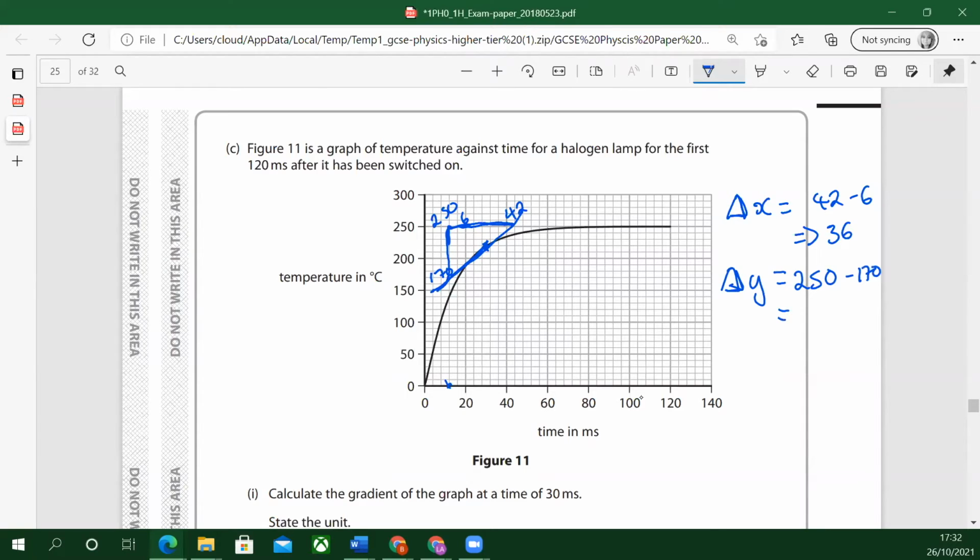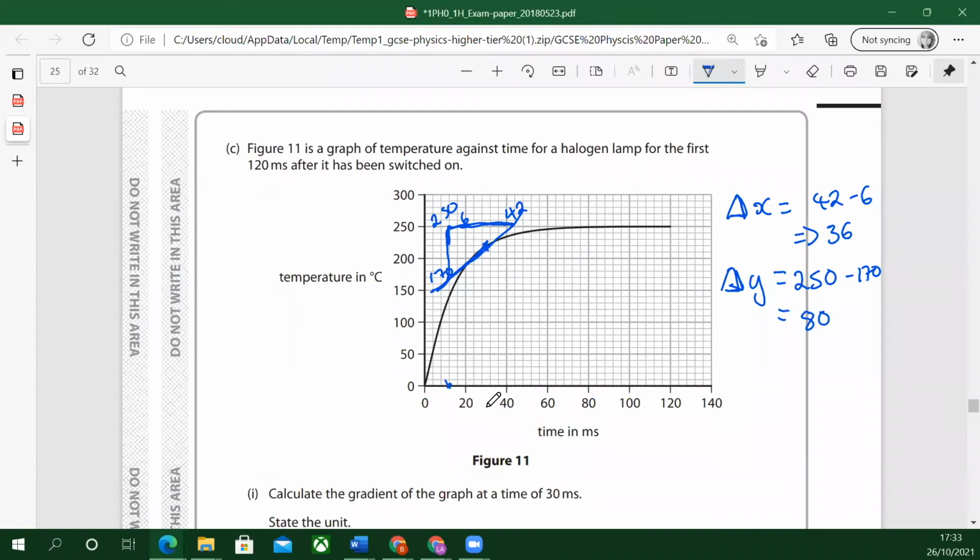So you've always got a calculator, so don't worry about working that out in your head. Let's get a calculator. So 250 minus 170. Always reset your calculator, that's another rule. Okay, it's 80.